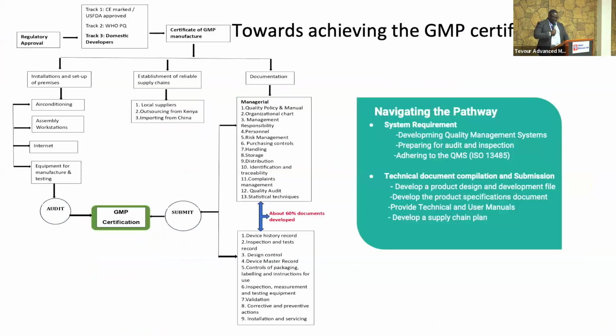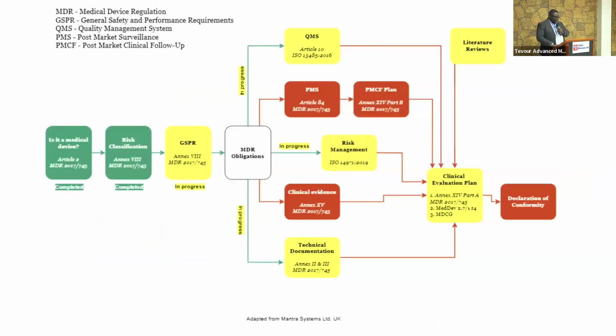Maybe I will not bore you with that. It's just showing us that we need to have the right certification. This is a good manufacturing practice certificate, which is offered by National Drug Authority. And then this is towards getting the CE mark for a device. Green means that that thing has been done and we are happy with it. And yellow means that it's almost there.